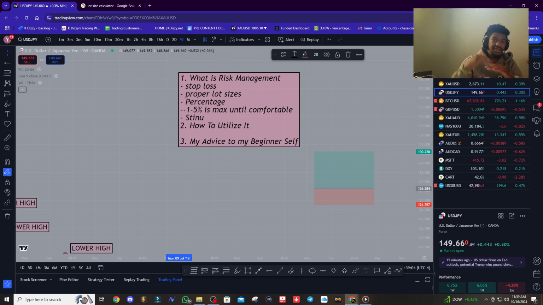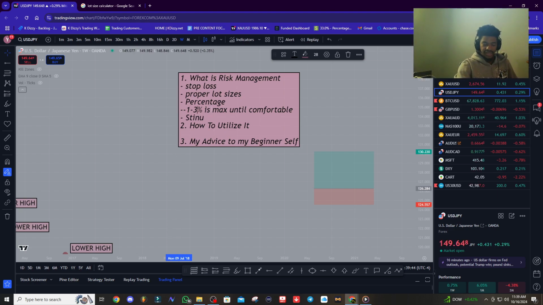So now I can take it up a notch, where I'm able to risk 10% or more because I know how to mentally handle numbers when it's a higher percentage. You don't know yet, and this is why you need to stay in the 1 to 3%. 1 to 5 is like the max, but you guys don't even need to go up to the 5. 1 to 3 is what I was in to understand how you protect your capital, knowing what's coming in and what's coming out of this trade.